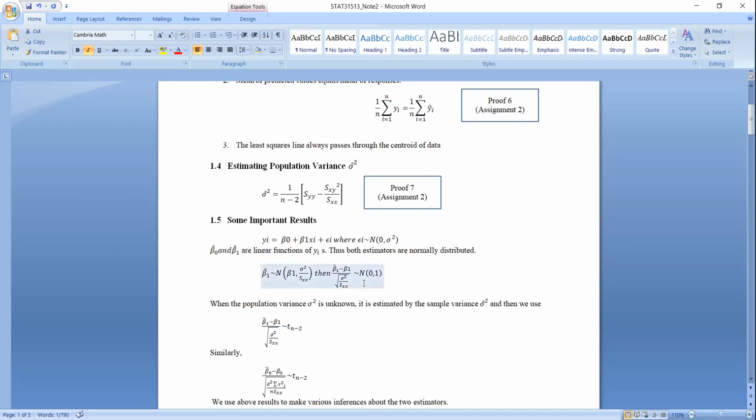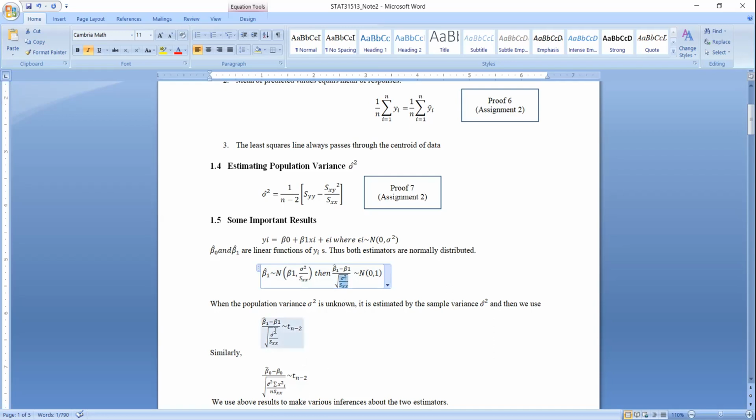But if we have no idea about the population variance, we take the sigma squared value, the population variance, and replace it using the estimated value. And then we come up with the t distribution, right?